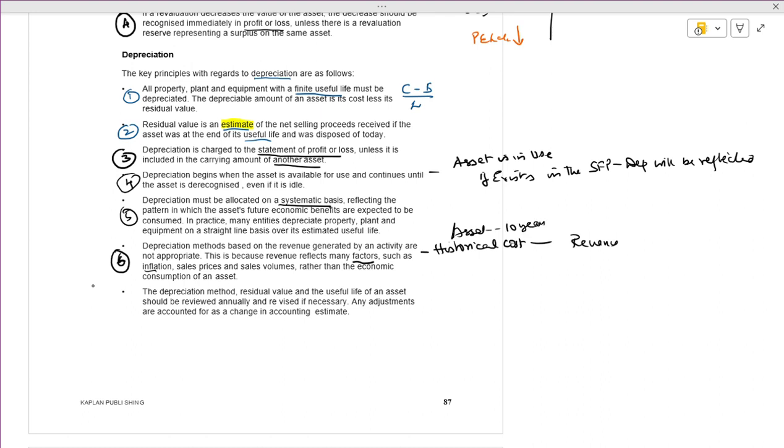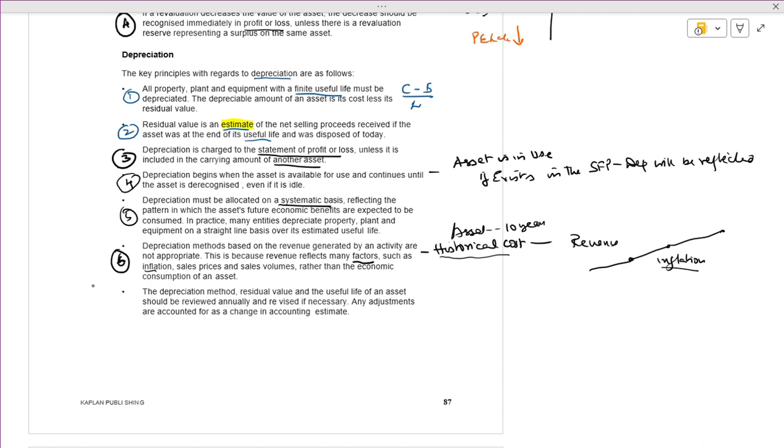The prices will increase, and the sales price will have a component of inflation. So on one side we are taking the historical cost, and on the other side the revenue, which includes inflation. Definitely there will be some mismatch.